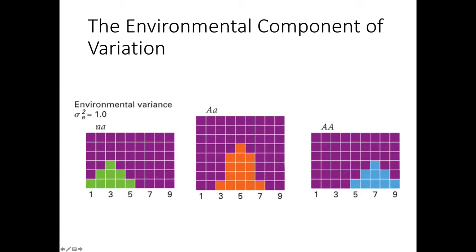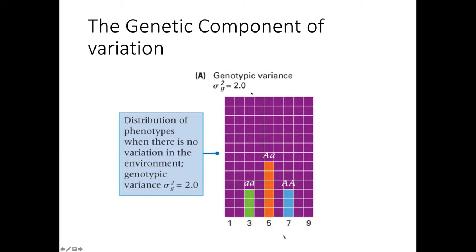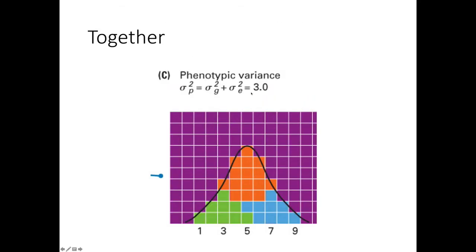Here I said that environmental variance was 1, and here I said that genotypic variance was 2. And they get added up, so the variances are additive. What you end up with is something called phenotypic variance: sigma p squared, for phenotype, is equal to the genotypic variance plus the environmental variance.